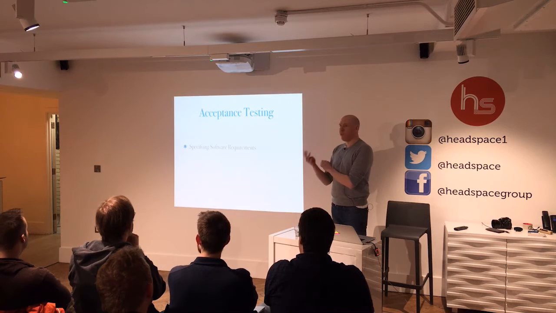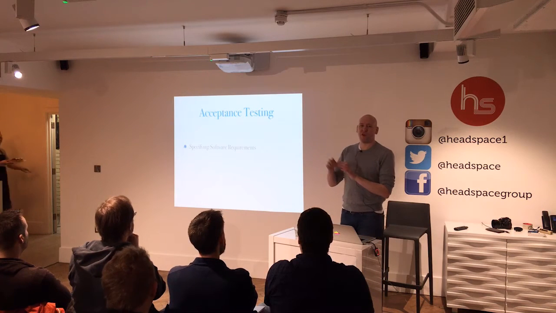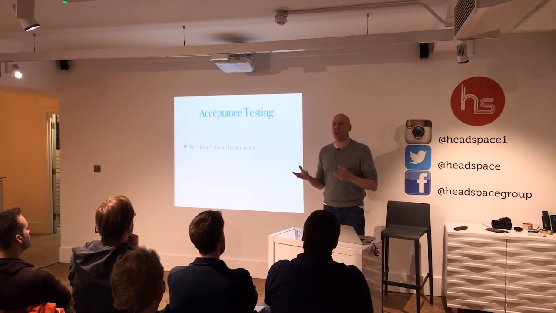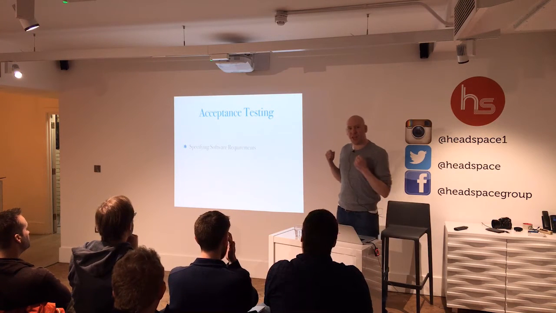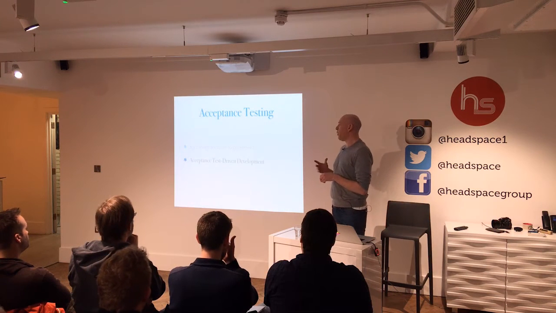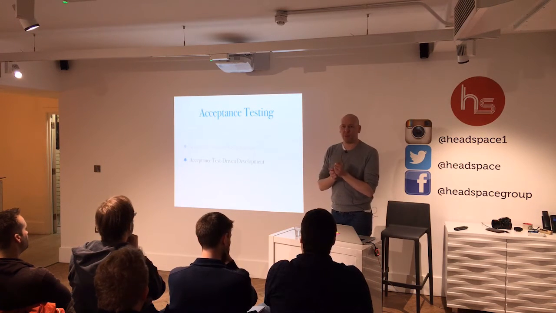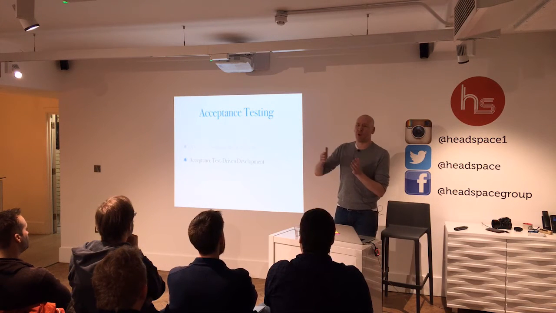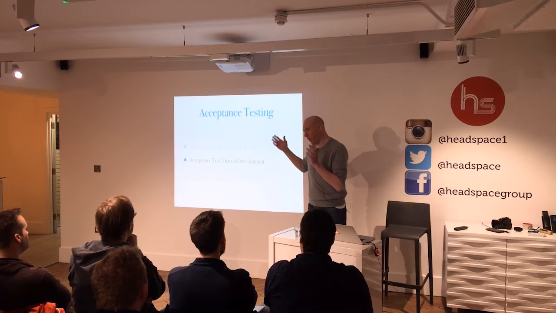So this talk is going to come in 3 parts. First of all, we're going to talk about the problem of specifying software requirements, doing that well enough that we can actually produce software which is what was intended. We're going to look at an approach of acceptance test-driven development. We know about TDD, but this is an approach based on using acceptance tests as a way to drive the development, so you end up with that product that we intended to build.